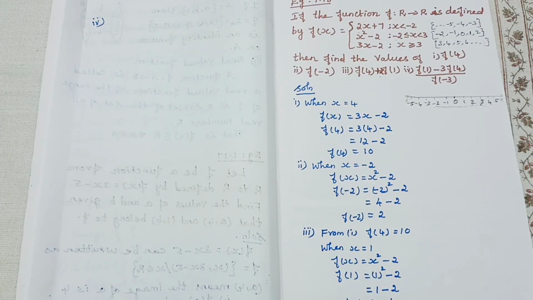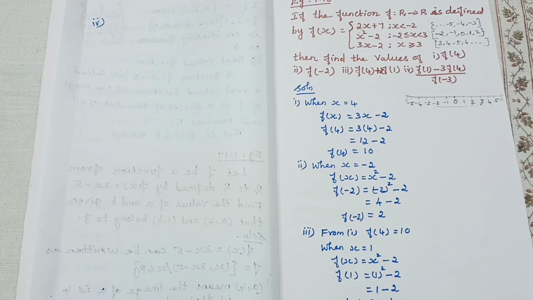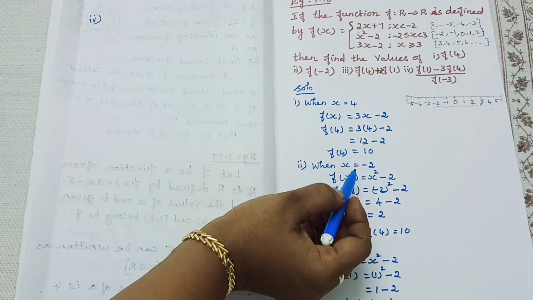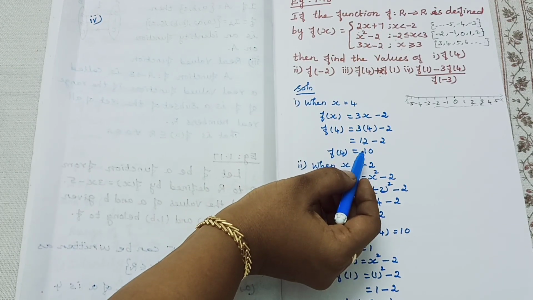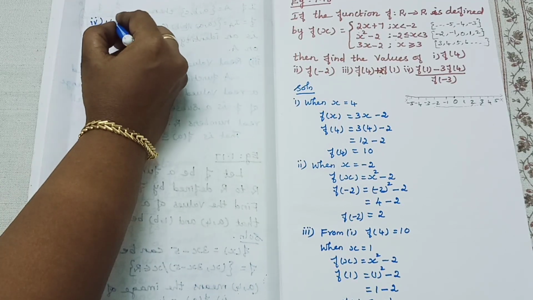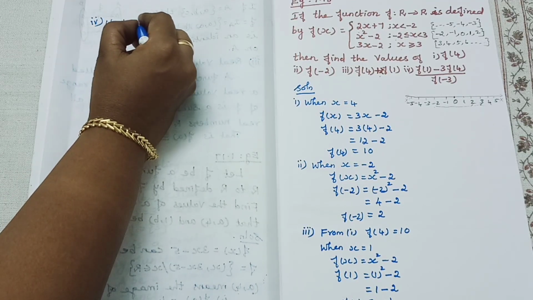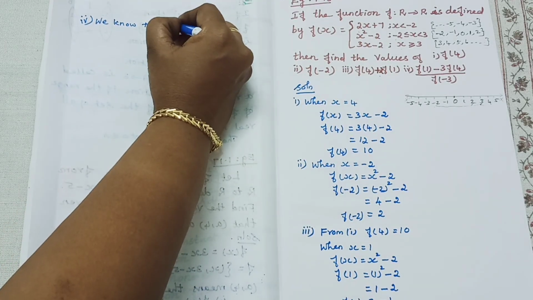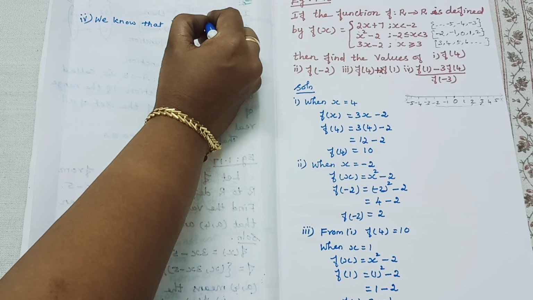Here, when x is equal to minus 3, we have to check where it lies. So you come here. Where is x equal to minus 3? You check the first interval.